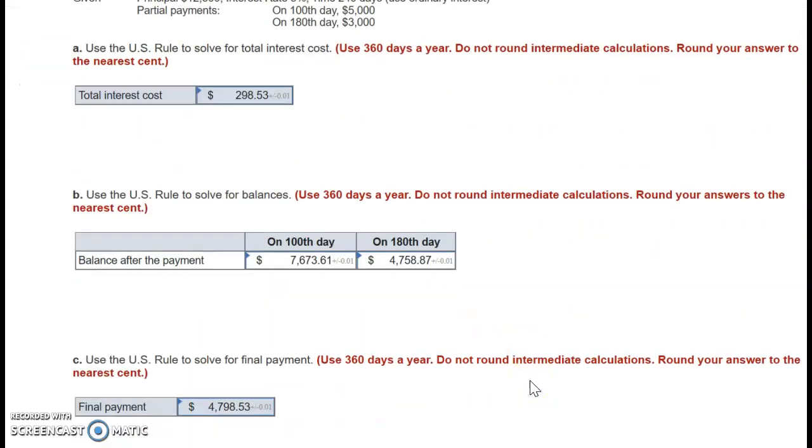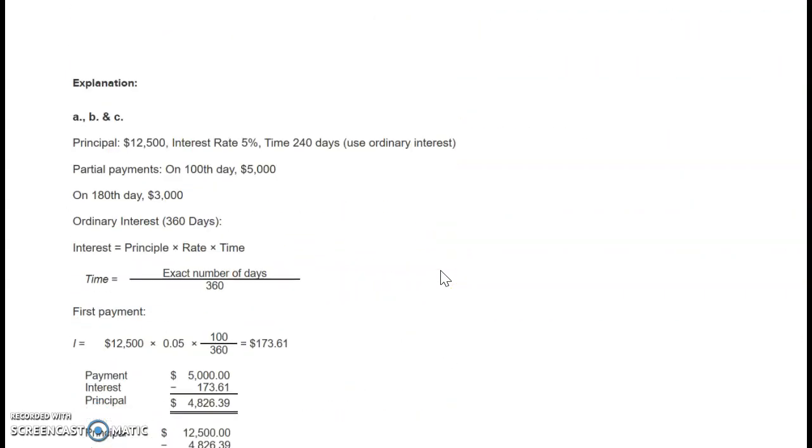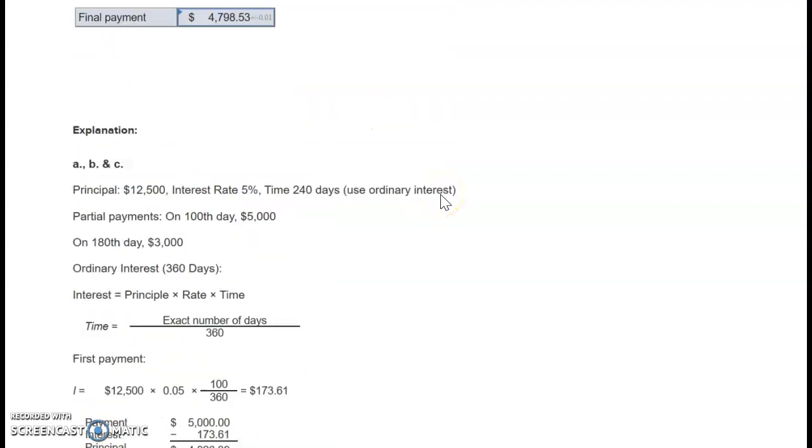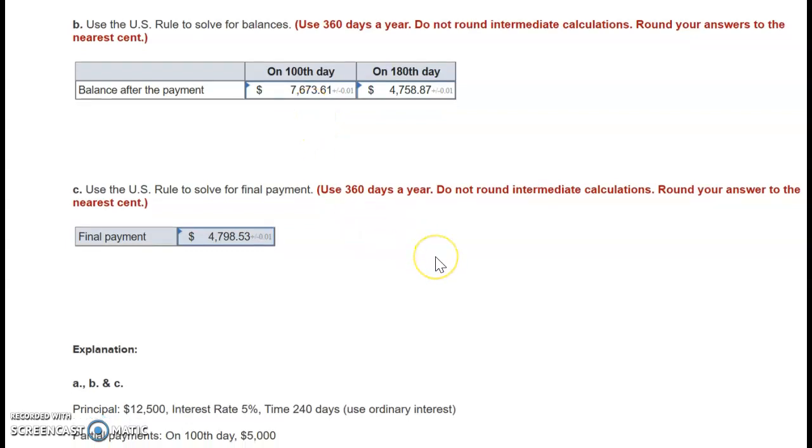Now, the balance after the payment on the 100th day and the 80th day, I know you can see those answers right there, but I want to show you where they come from. So this is the first adjusted balance that you calculate after 100 days, 76, 73, 61.